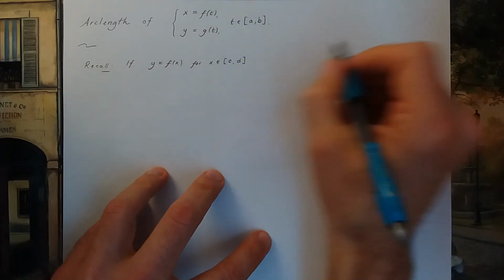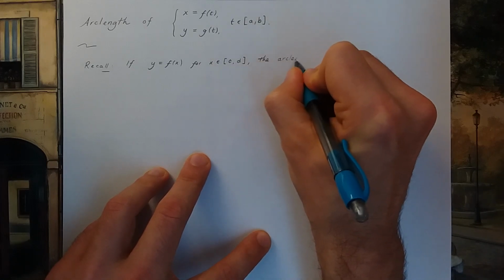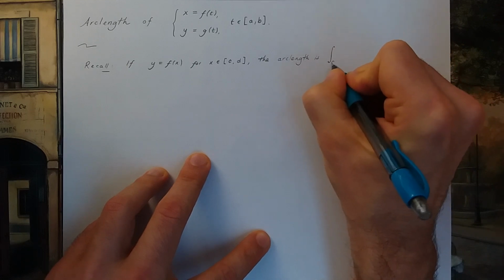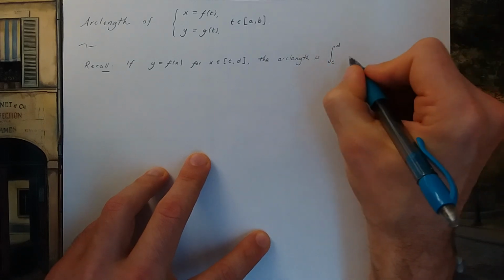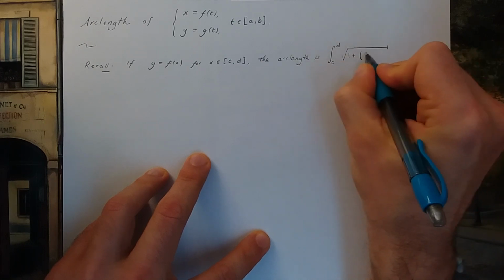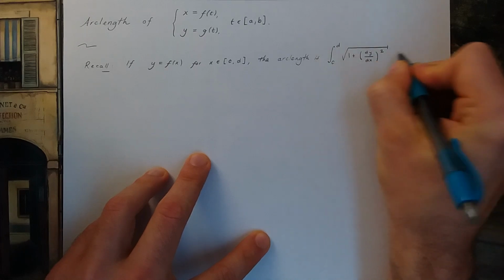The arc length is an integral: the integral from c to d of the square root of 1 plus the derivative dy/dx, squared.